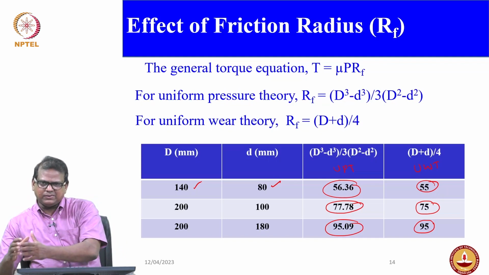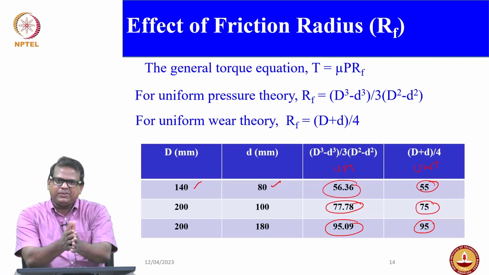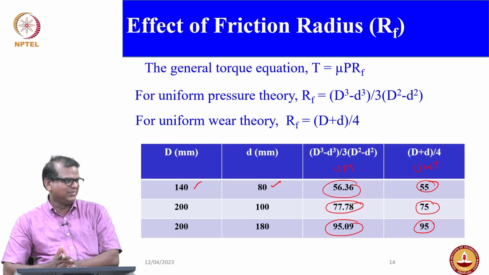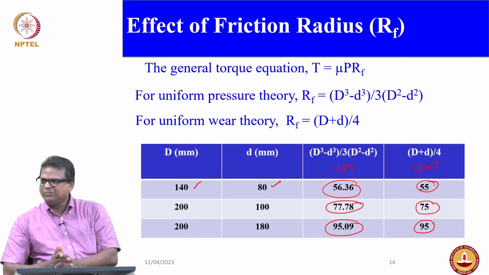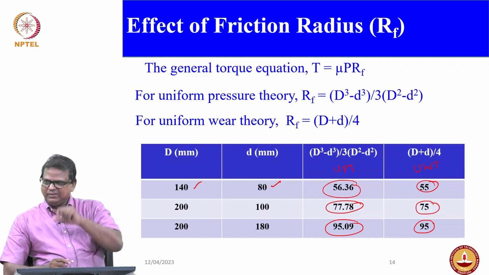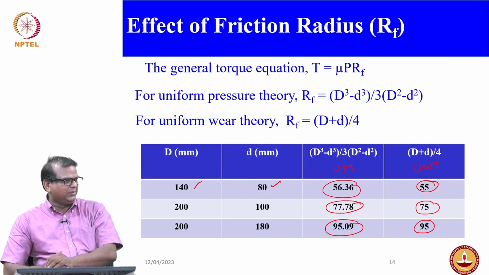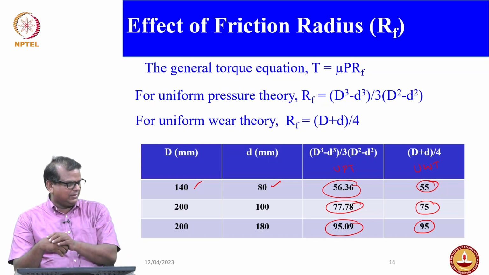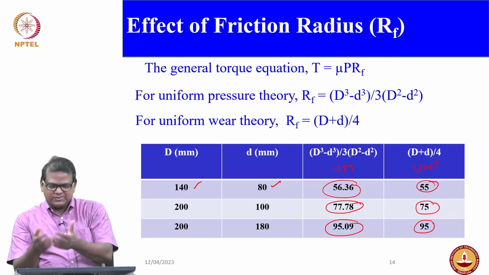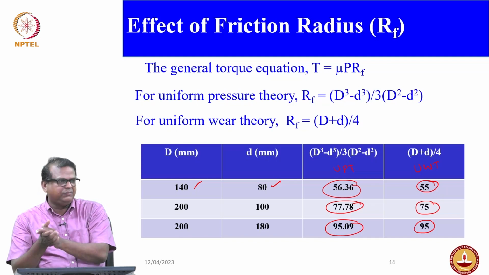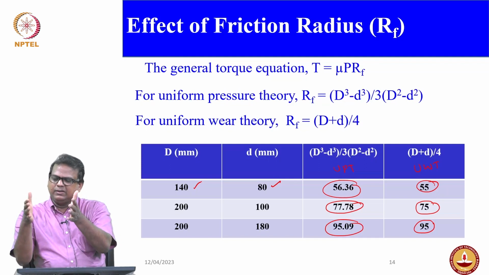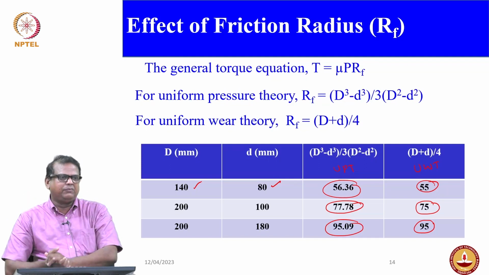When you have a smaller torque, will you be able to perform the desired function? That is the question. Is it possible? Assume my required torque is 50 Newton meter, that is the design torque, the operating torque, whereas what is generated in the contact is 45 Newton meter. In that case, do you expect that the clutch would perform its duty?